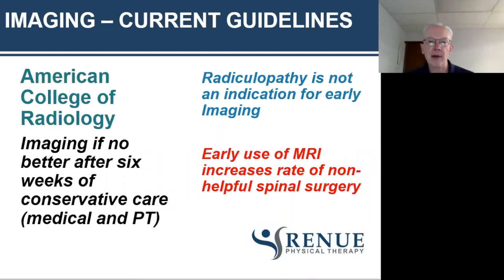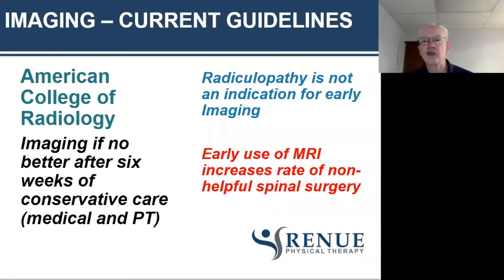What also has been found by the American College of Radiology is that the early use of MRI seems to increase the rate of non-helpful spinal surgery. So while MRI can indicate a problem, sometimes folks forget that the problem's not a permanent one. Just like cuts in the skin heal and fractures of the bone heal, disc herniations can heal.